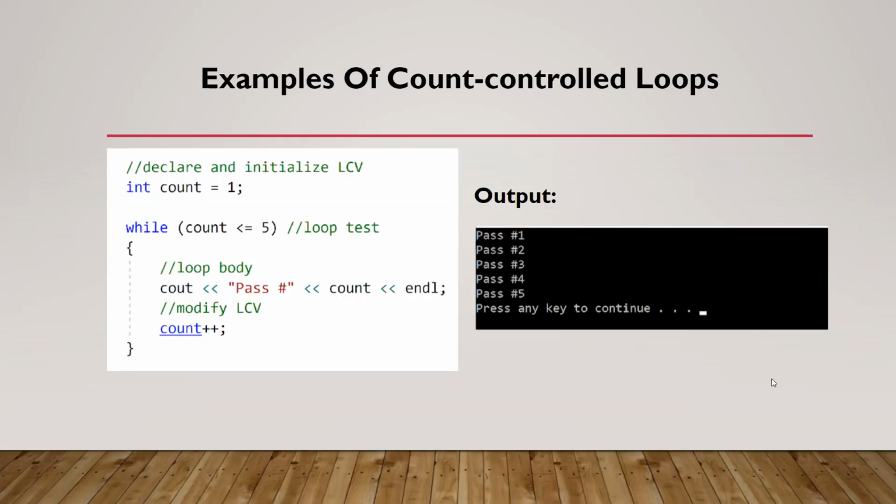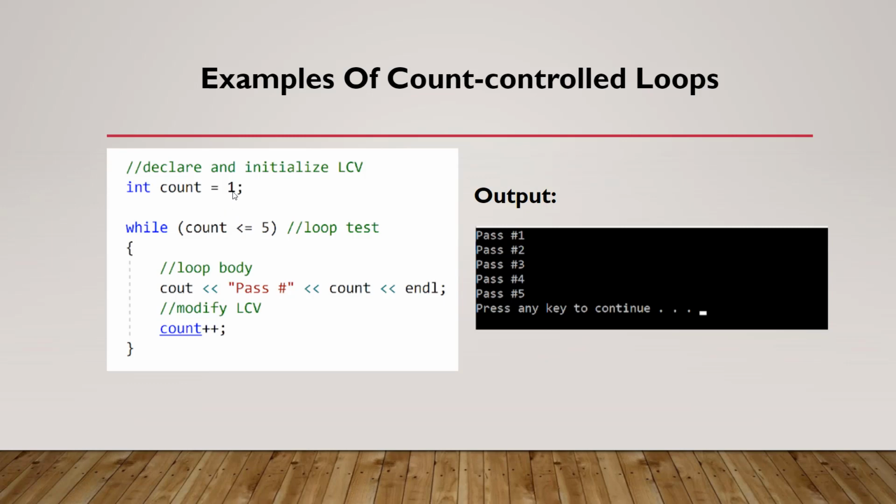Now, here's an example of using a while statement for a count controlled loop. We declare and initialize our LCV, int count equals 1, right here. Then control goes down to this while statement, which is the loop test. The computer says, is count less than or equal to 5?